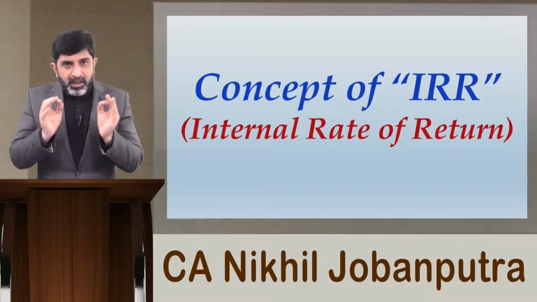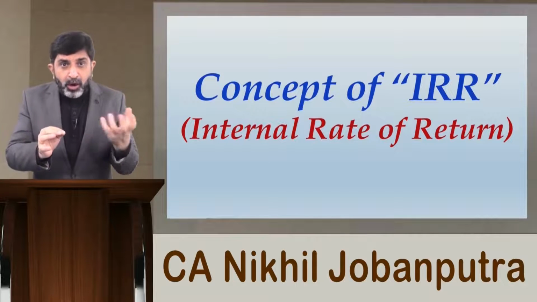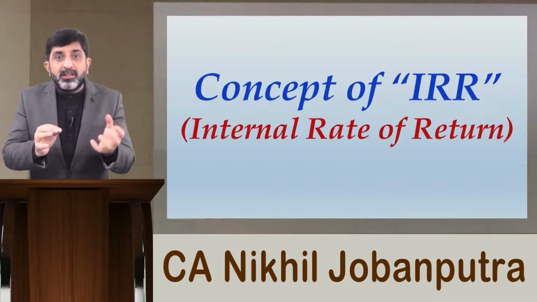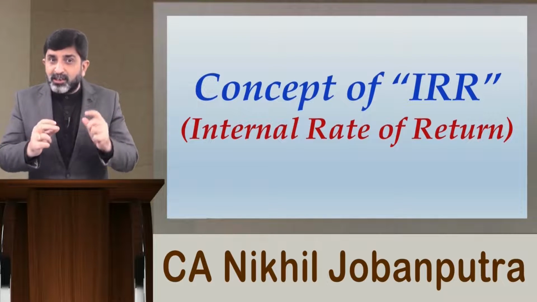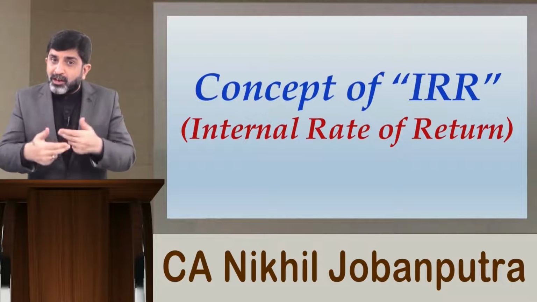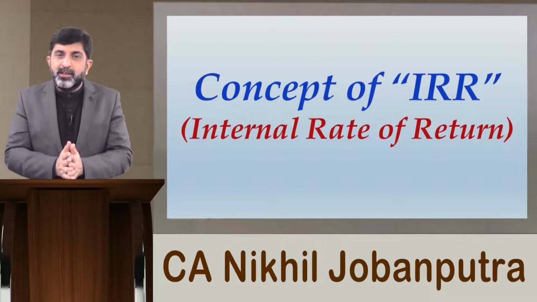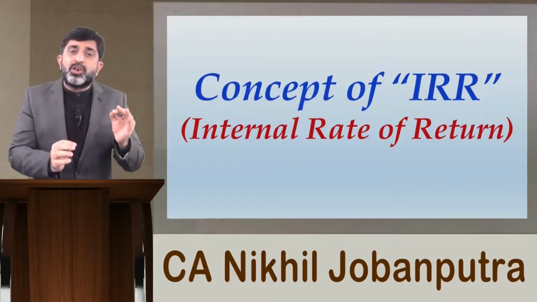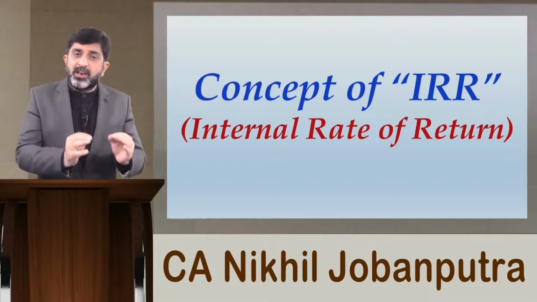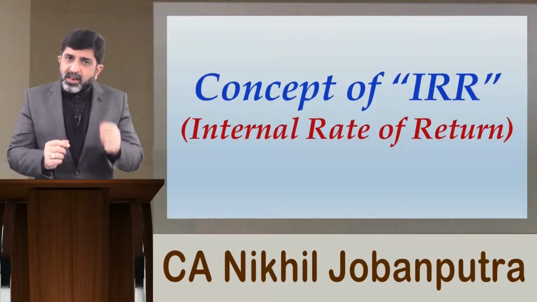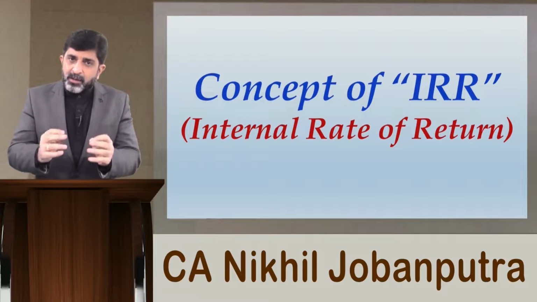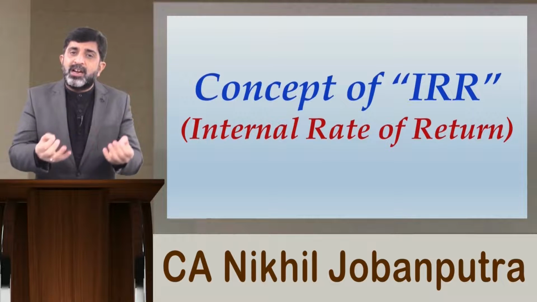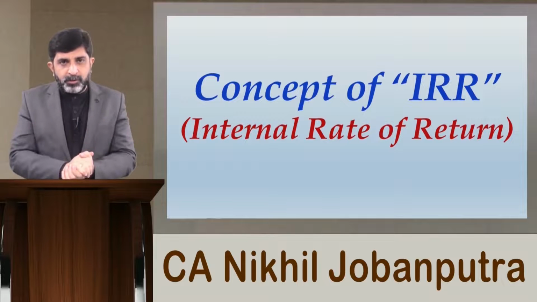Now, if you want to find out what is the rate of return that the project can generate, in other words, you want to find the return generating capacity of the project, that means you are targeting the computation of this internal rate of return, because internal rate of return indeed means the same, that is the rate of return generating capacity of any project.